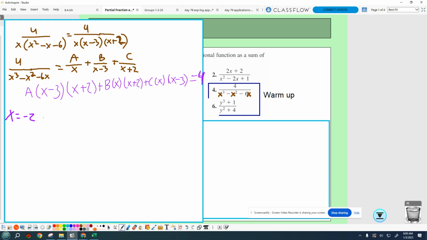So then you get 0 plus 0 equals c. Oh yeah, 0 plus 0 plus 10c equals 4, so c equals 4/10. Okay.